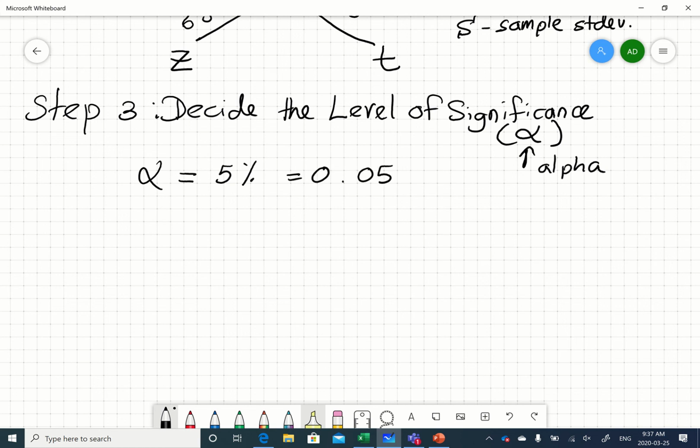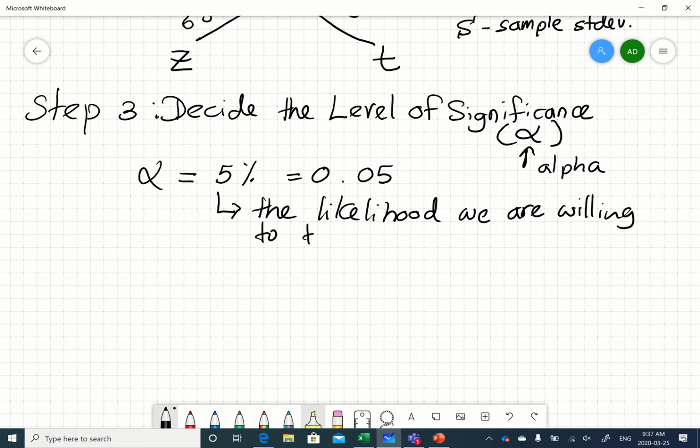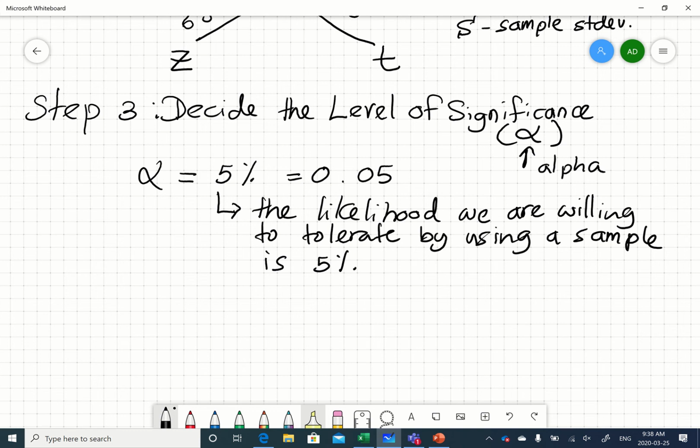The likelihood we are willing to tolerate by using a sample is 5%.